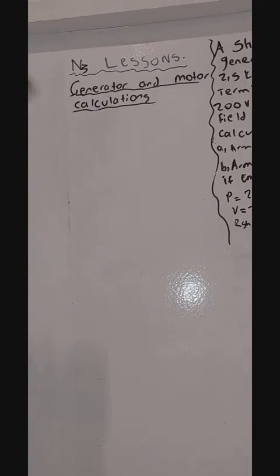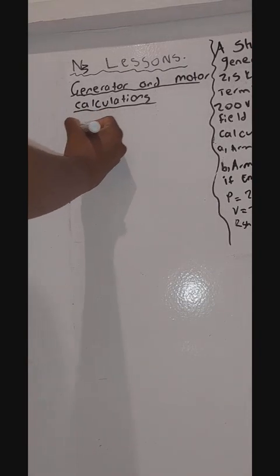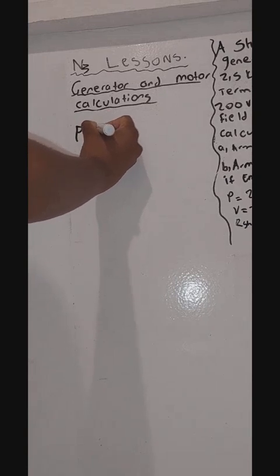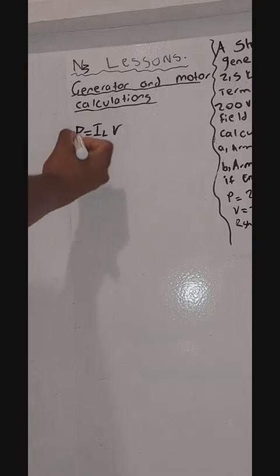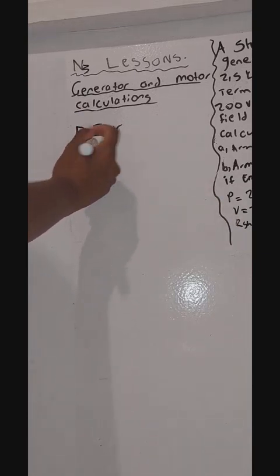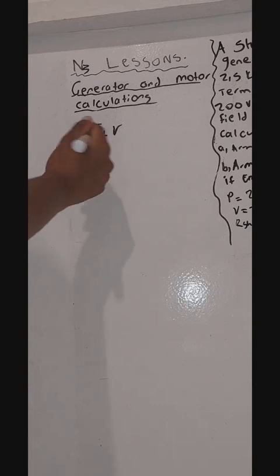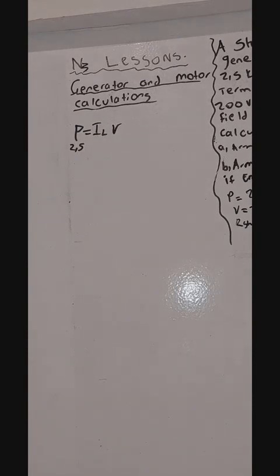So we just saw that P is equal to IL times V. We are given power to be 2,5 kilowatts, which I want to turn into watts.